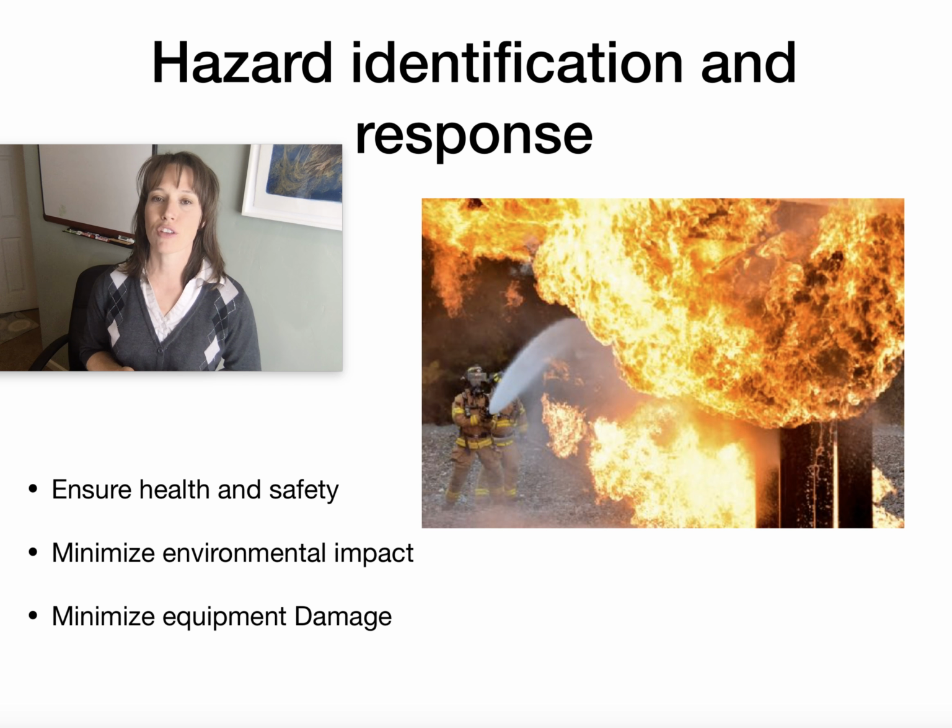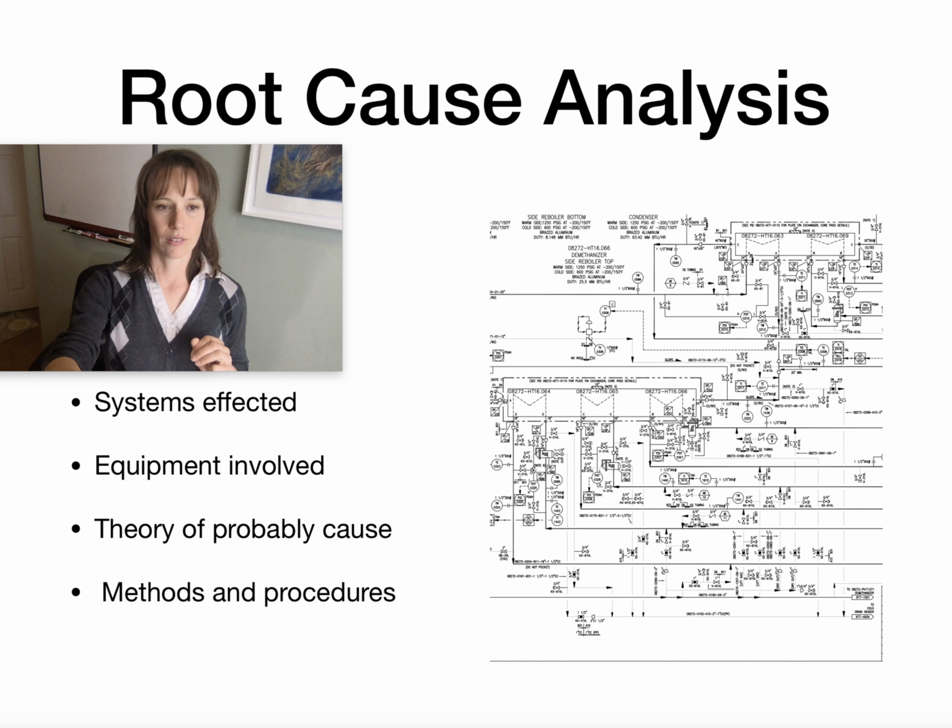If you damage your equipment and you're waiting for parts to come in for days or months and your system's down, that is much more impactful than just taking care of your equipment in the first place.